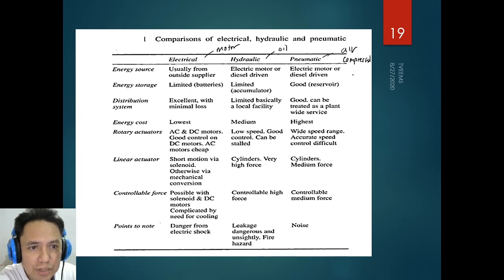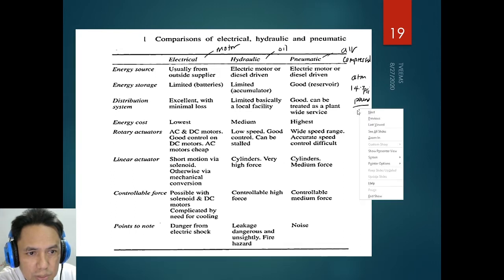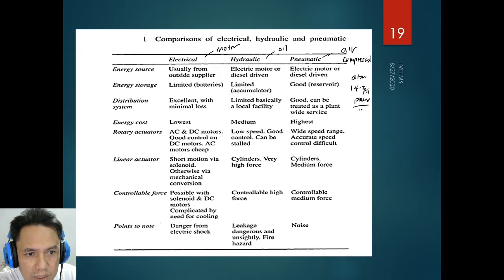Because our atmosphere, the environment that surrounds us, the pressure here is only 14.7 psi, meaning pounds per square inch. So you have to have an inch and square. So pounds per square inch, that is psi.